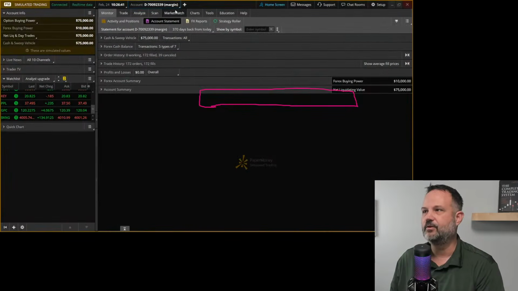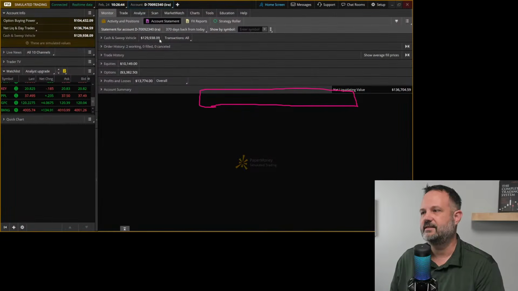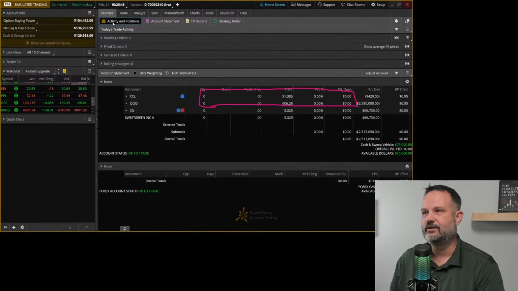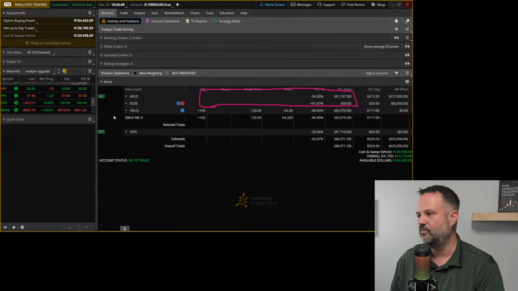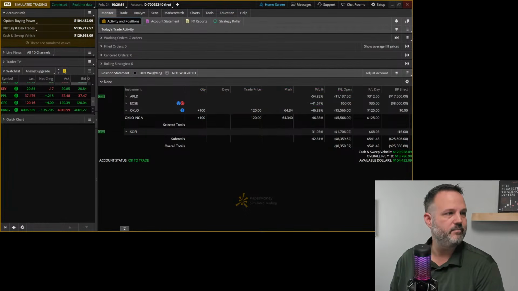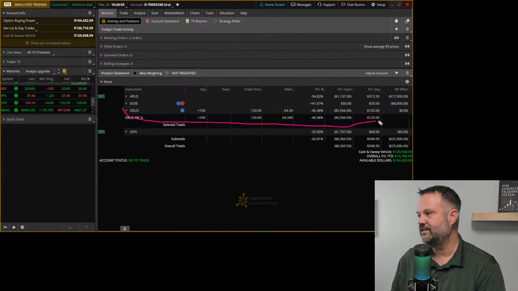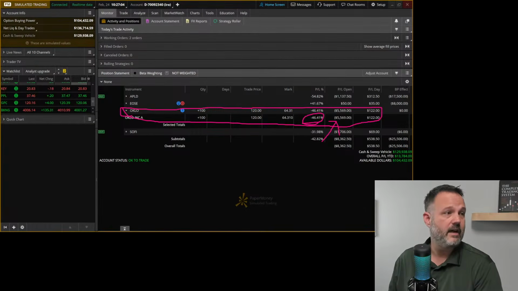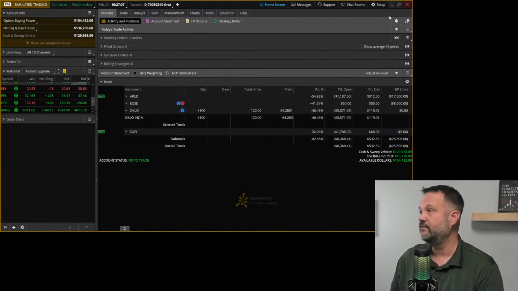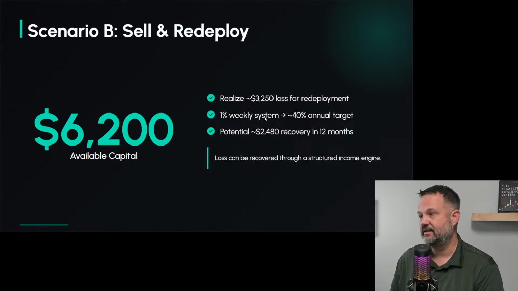Let me bring that up. Here is the OKLO position, and you're going to see that it says a 5,746% loss. However, it's actually $3,250 because we've generated $2,500 in revenue.